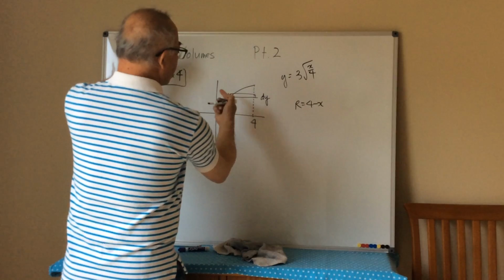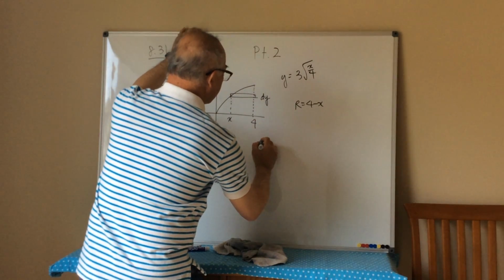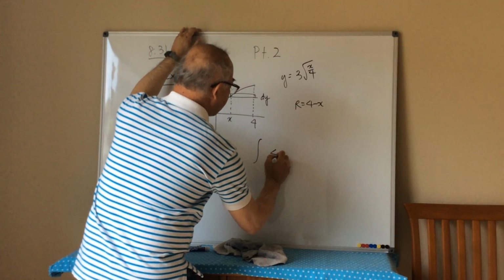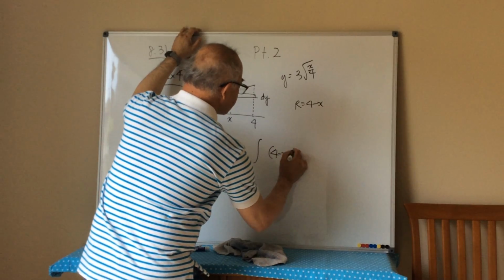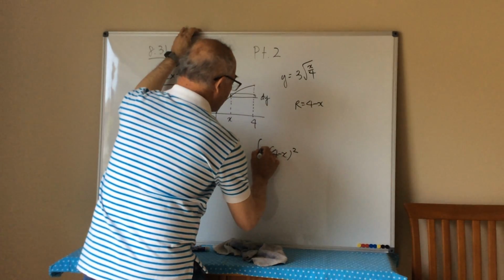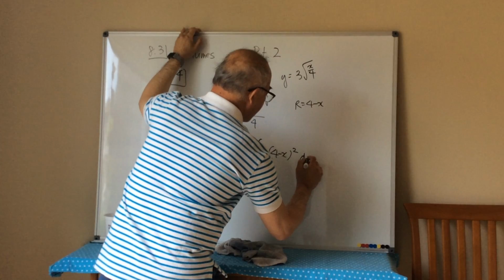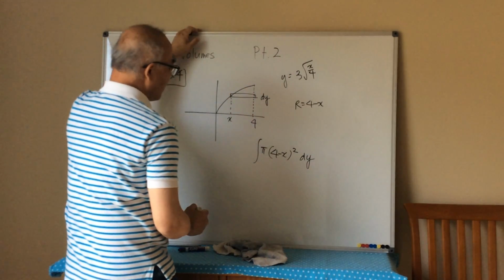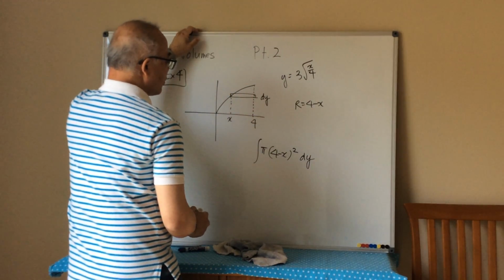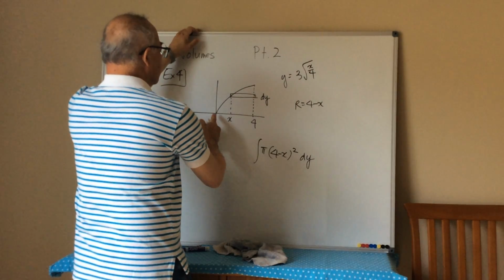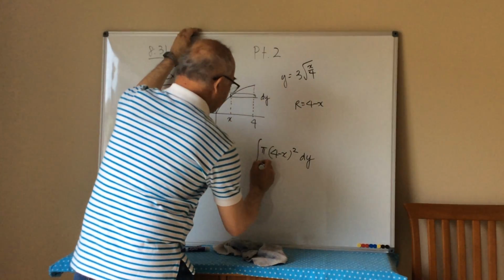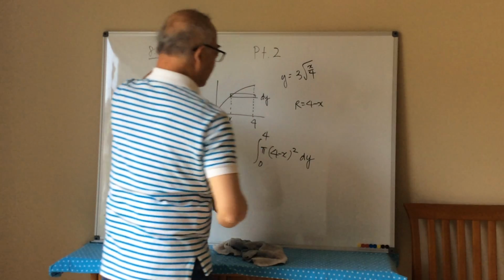So I'm going to go around here, and I'm going to get (4 minus x) squared pi dy, right? And y goes from 0 to 4, okay?